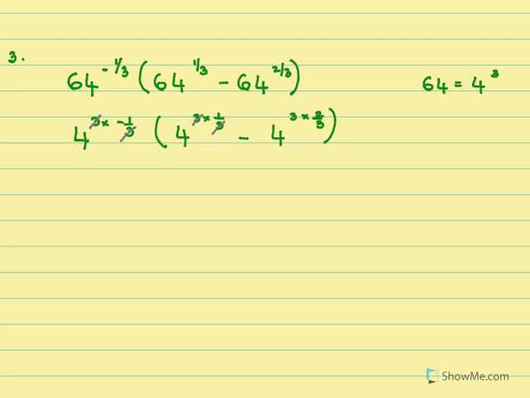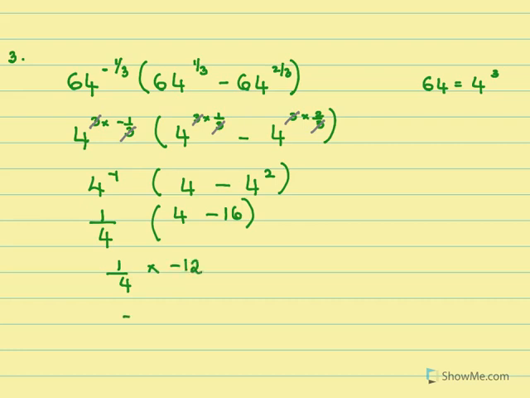This 3 cancels and this 3 cancels out. So here I'm left with 4 raised to minus 1 and this 4 raised to 2. Now 4 raised to minus 1 is 1 by 4 and this is 4 into 4, 16. So 1 by 4, 4 minus 16 is minus 12 and the answer comes as minus 3.